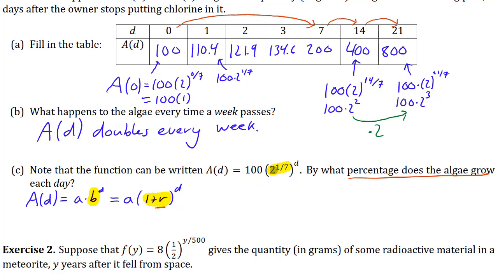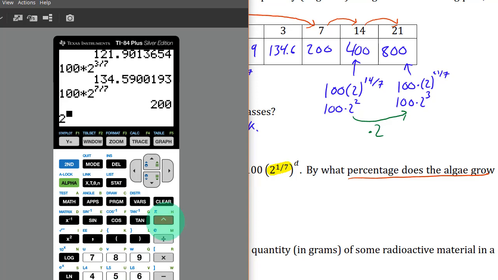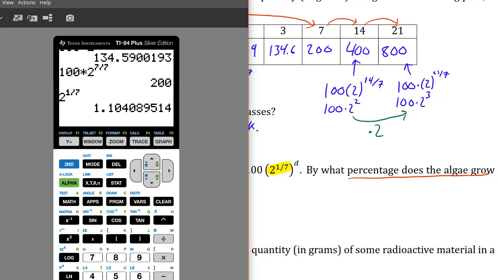And 2 to the 1/7 is the 7th root of 2, comes out to be 1.104 about.